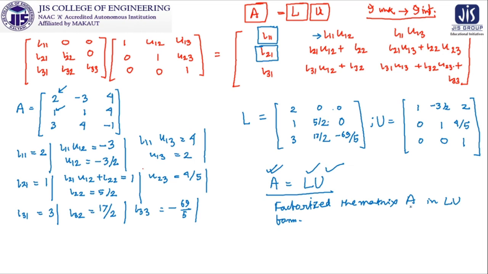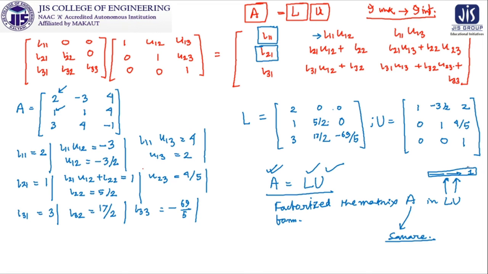It is a square matrix, and L and U are following the definition with the condition that here the principal diagonal of U is 1.